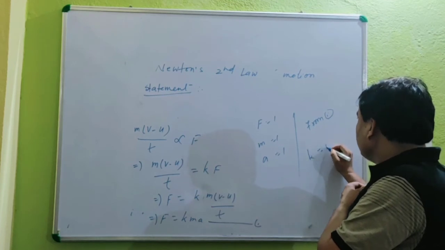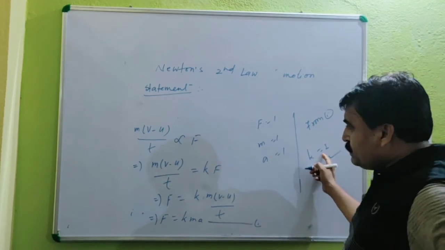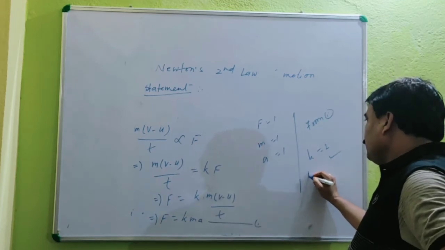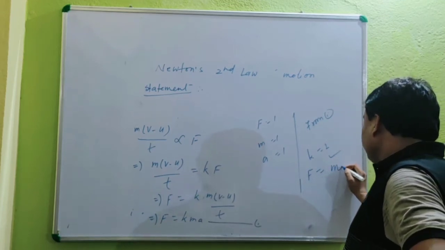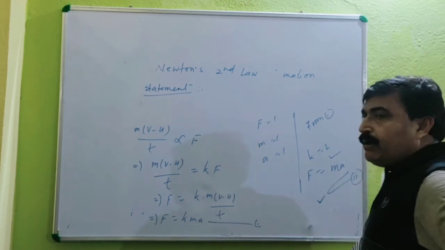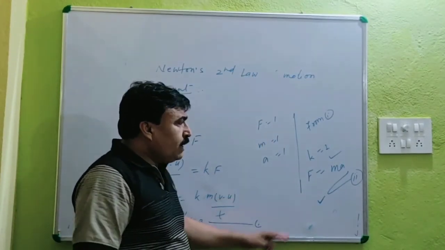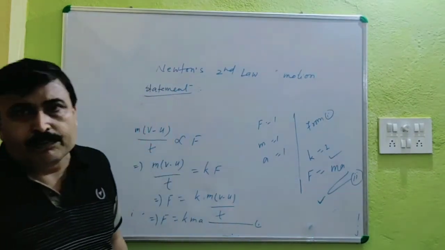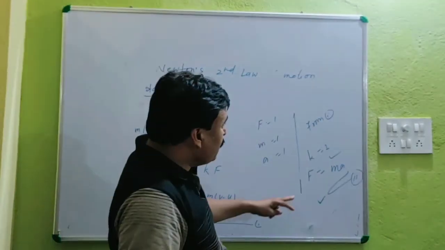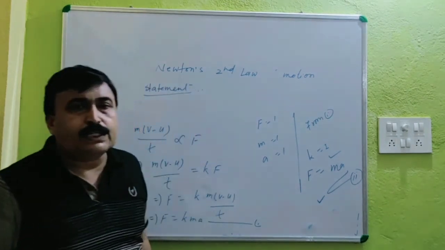Putting this value of k in equation 1, we get F equal to ma, and this is Newton's second law of motion. This is called the mathematical formulation of Newton's second law of motion. It is clear that force depends on the mass and acceleration of the body.